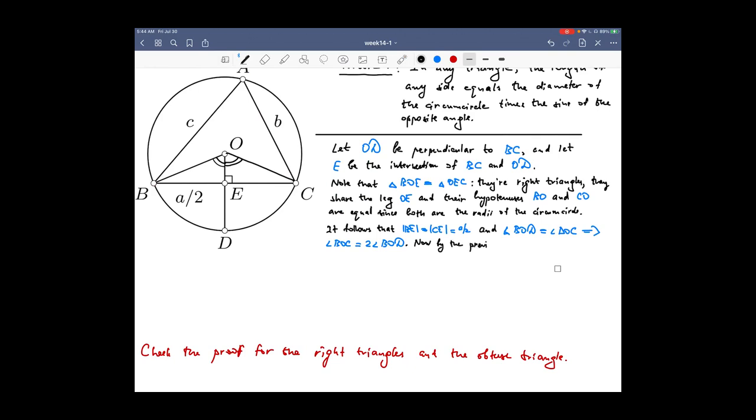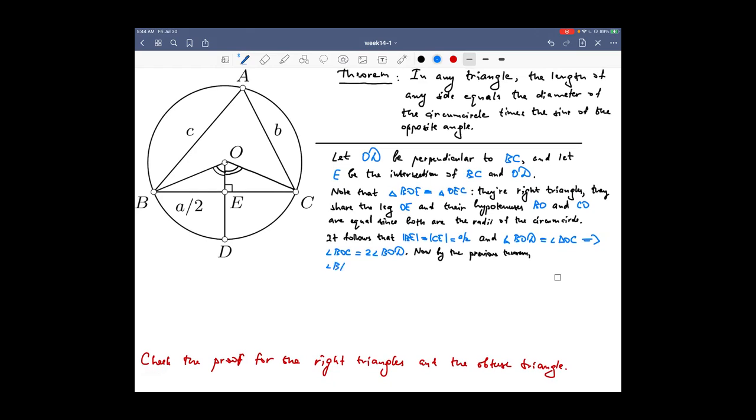By the previous theorem, the angle BAC equals half the angle BOC. And angle BOC is twice the angle BOD. So we have proved that the angle BAC equals the angle BOD.